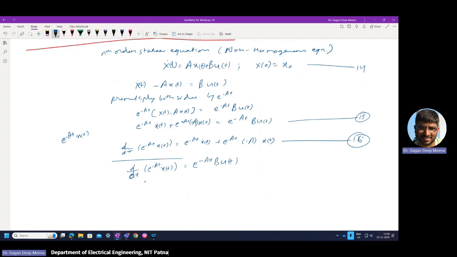Now I'll do a little bit of simplifying the differential equation. So d of e to the power minus at x of t equal to e to the power minus at b u of t dt. So I have taken this dt this side, and now what we do is the integration part.